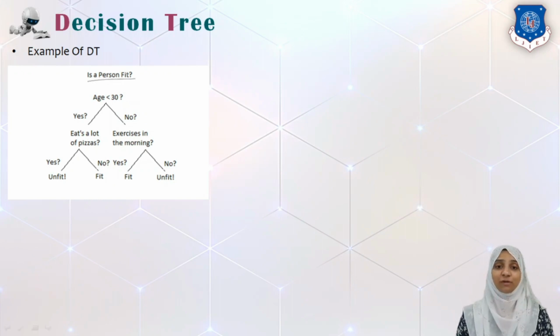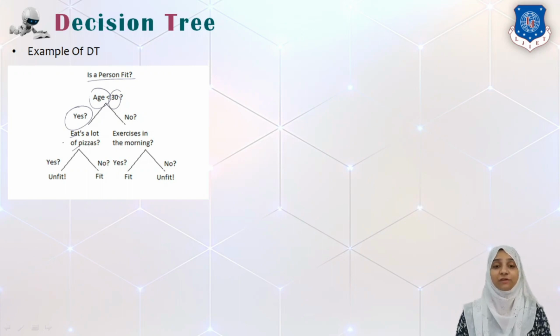An example of a decision tree: let us consider we want to find out whether a person is fit or not. According to our training, more precisely the labeled training data, we have found out that the age of a person can be either less than 30 or greater than 30. So any person who has age less than 30, then we have to evaluate another attribute value, that is whether the person eats lots of pizza or not.